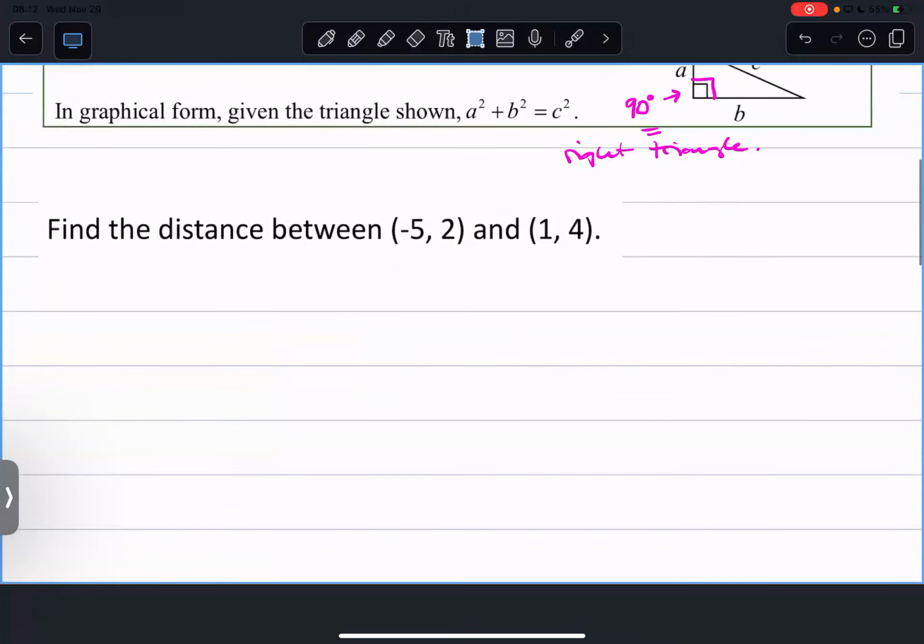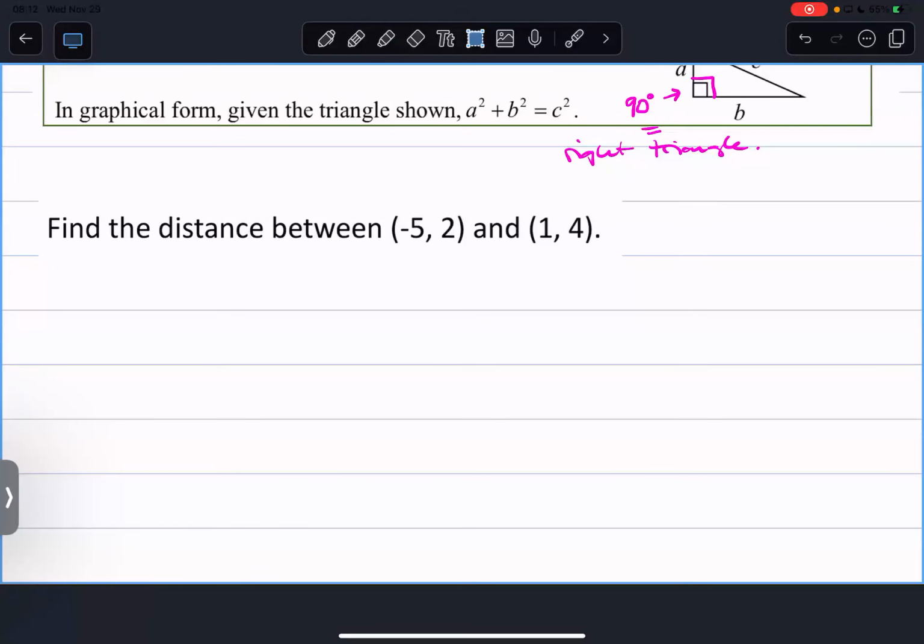Find the distance between (-5, 2) and (1, 4). So just to visualize this, I look at my different values of x that I need to plot and make sure I have room for both of them. And then I look at my different values of y and make sure I have room for both of them on my sketch.